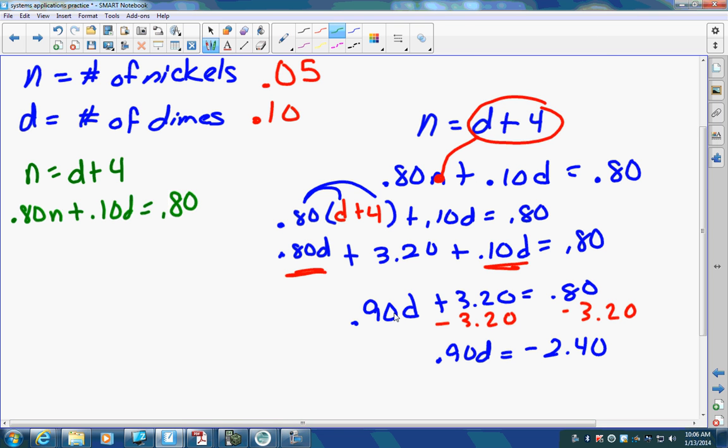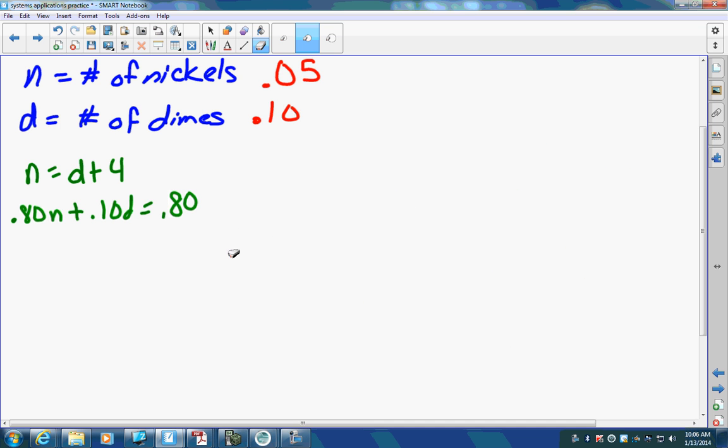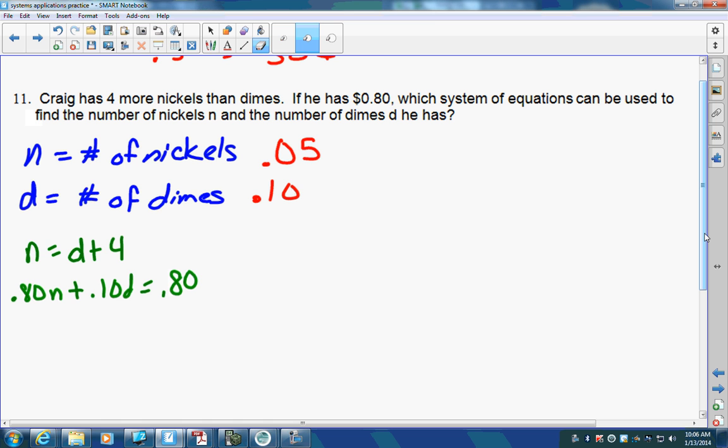Okay, so I went back through and I was reworking this last problem. Instead of using this system of equations, I go back and use the dimes are the nickels minus 4. Remember I talked about moving that 4 over there?